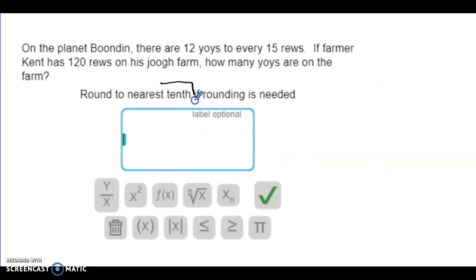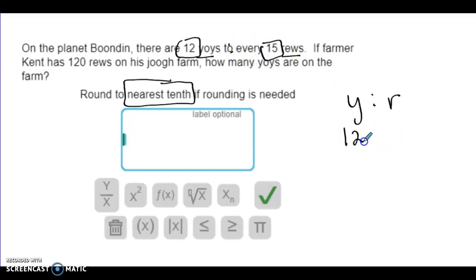Here's another problem. Nearest tenth. Let's set it up correctly. Yoys to roos. I'm going to use y. 12 to 15. If Farmer Kent has 120 roos, so I know this value in my second ratio, and I'm trying to find how many yoys there are.